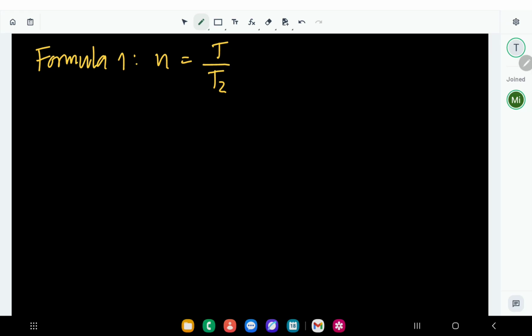But when you have the final mass, you use formula 2, the formula I showed you, because n is just equal to T over the half-life. T2 here is the half-life, right? Formula 2: mass final equals mass initial times 2 to the n.